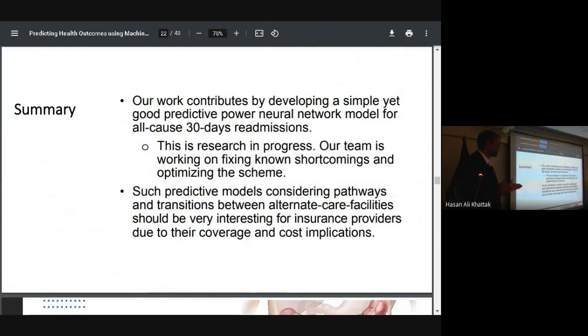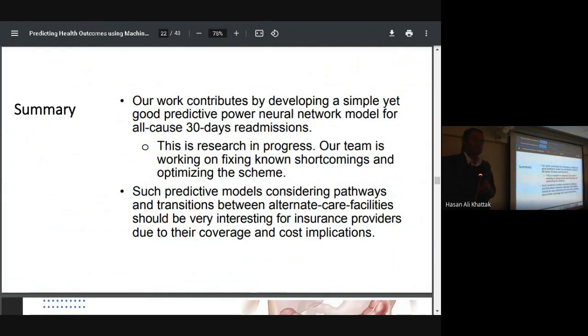This research work, done by my students, is still in progress, and at this time we are fixing some known shortcomings and also optimizing the scheme. Such predictive models, considering pathways and transitions between alternate care facilities, would be very interesting for insurance providers due to their coverage and cost implications.